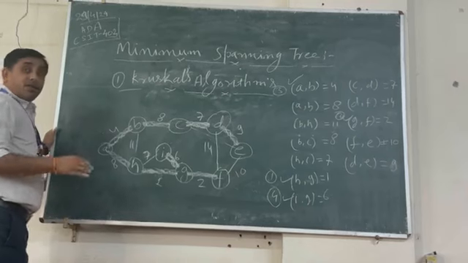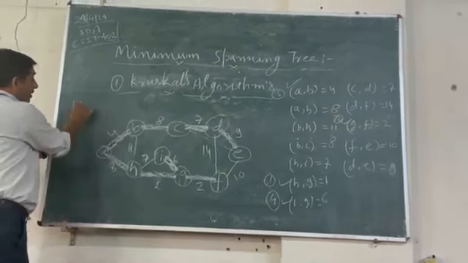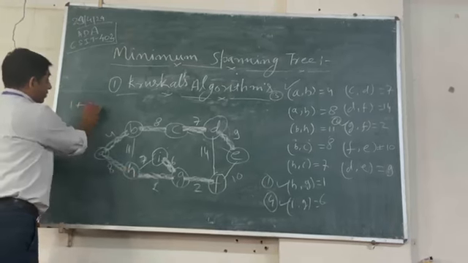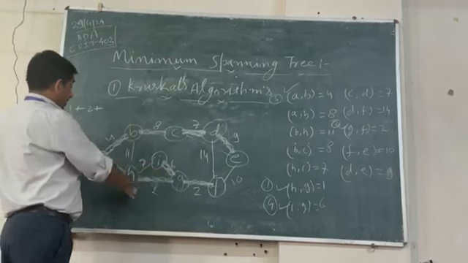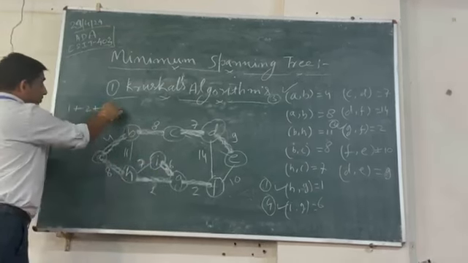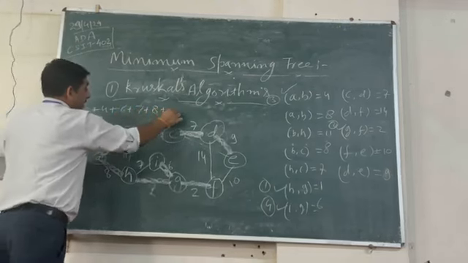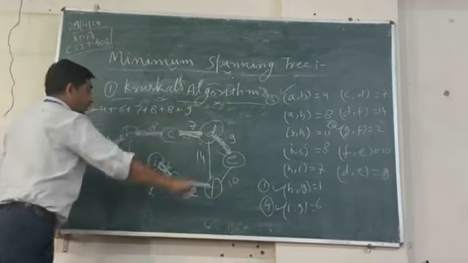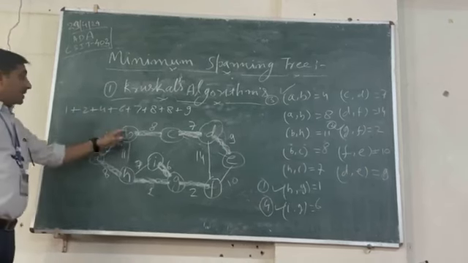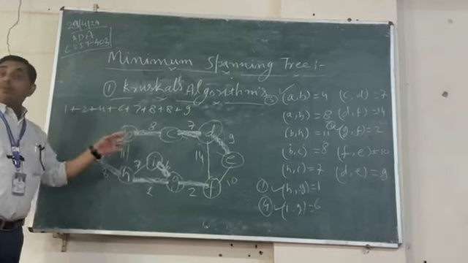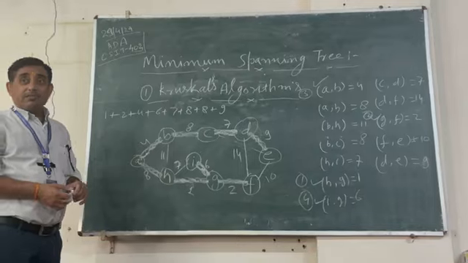We calculate all the weights of the edges: 1 plus 2 plus 4 plus 6 plus 7 plus 8 plus 8 plus 9. That's it. And this is the minimum spanning path.